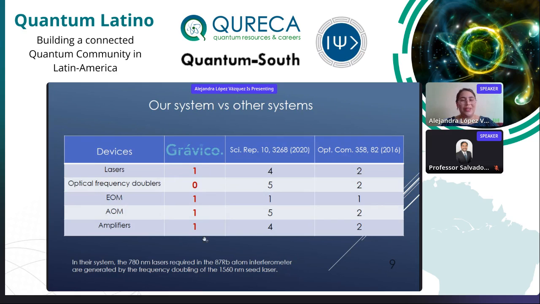Entonces, quiero hacer énfasis en que nuestro sistema quedó mucho más compacto y utiliza las componentes mínimas necesarias para realizar estos experimentos. Pero, bueno, se preguntarán, ¿por qué ellos no lo hicieron o por qué no se atrevieron a hacer esta parte de solo ocupar una componente de cada tipo? Bueno, digamos que el dispositivo esencial de nuestro sistema es el modulador electroóptico.